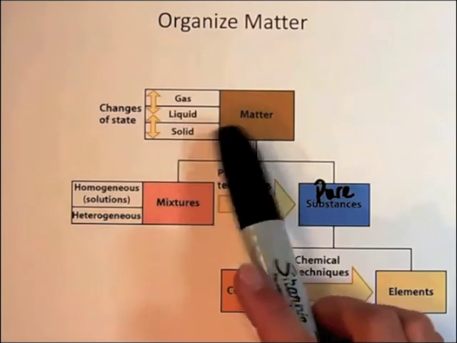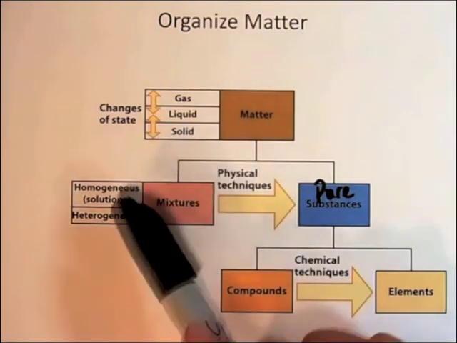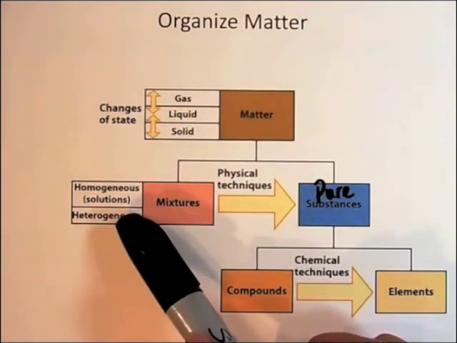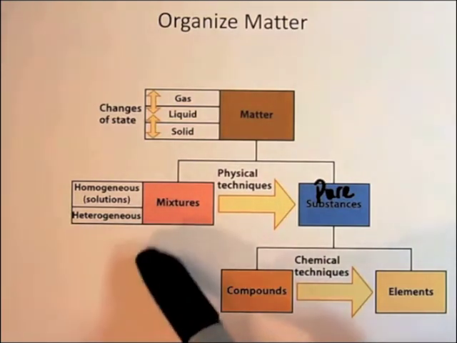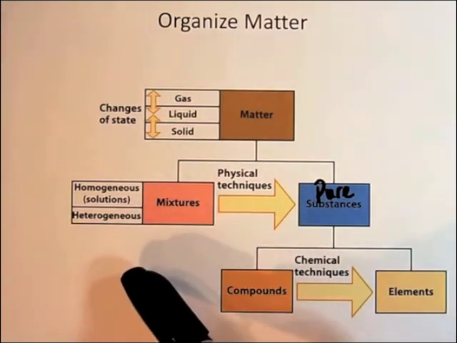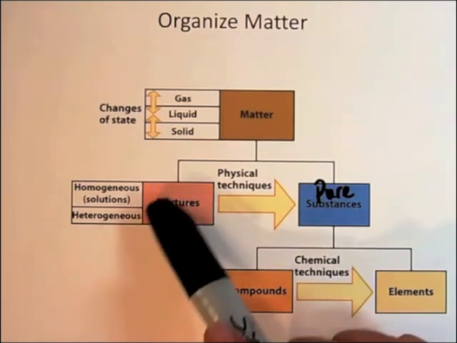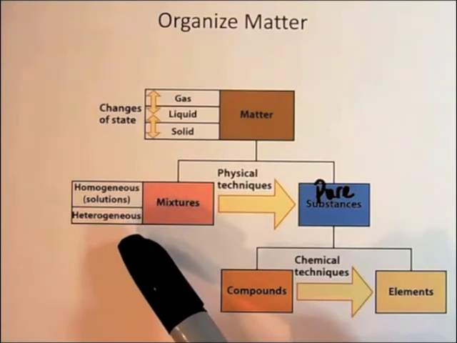Air is a gas, and gas particles move very, very fast. They don't touch each other, and they're in constant motion. So in this room, for example, all of the gas particles are moving very fast, constantly mixing, and they should form a homogeneous solution.